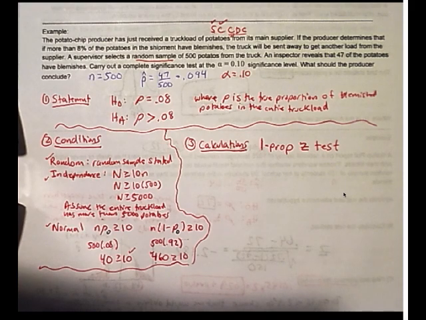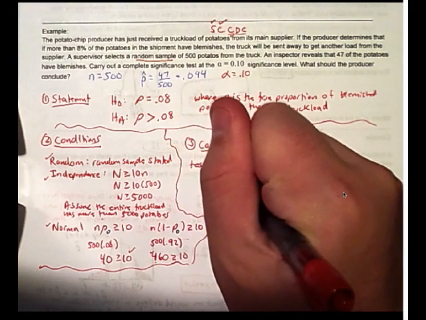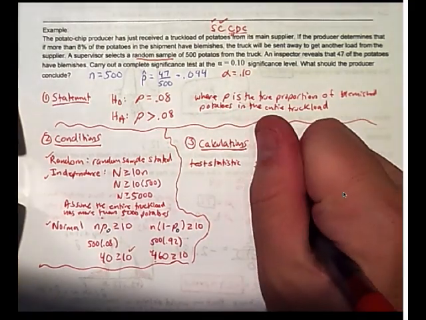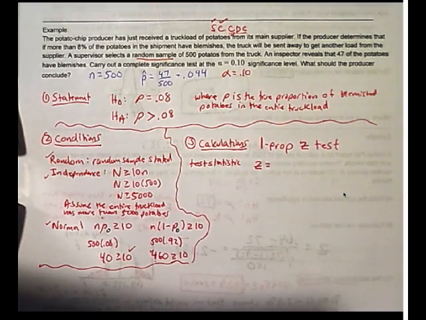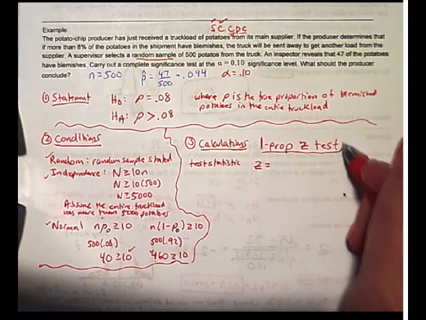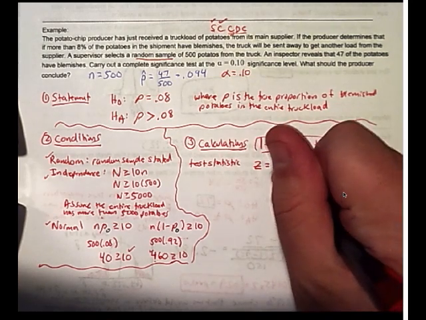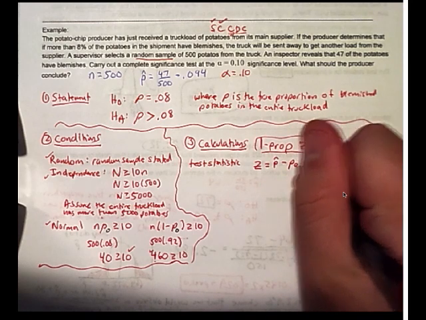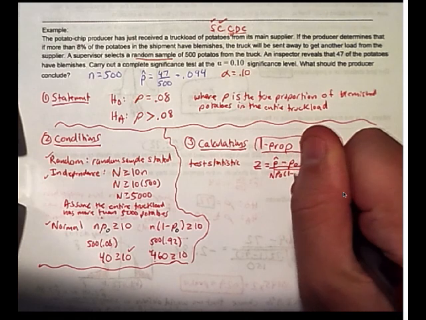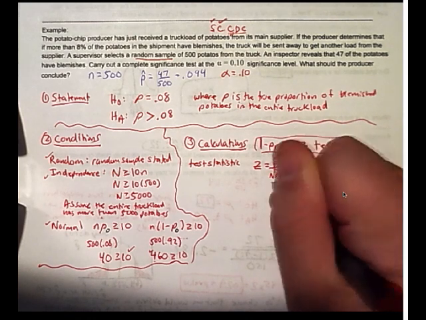So let's go ahead and get the test statistic. Now I can label it test statistic. Z equals, you can either put the formula, or since you've named it, that's good enough. It never hurts to write the formula though. So p hat minus p naught all over the square root of p naught times 1 minus p naught all over n.